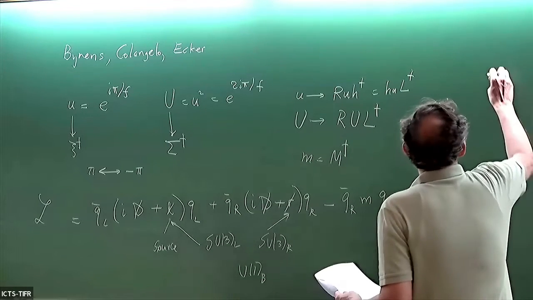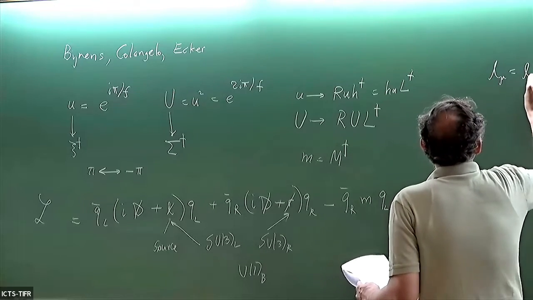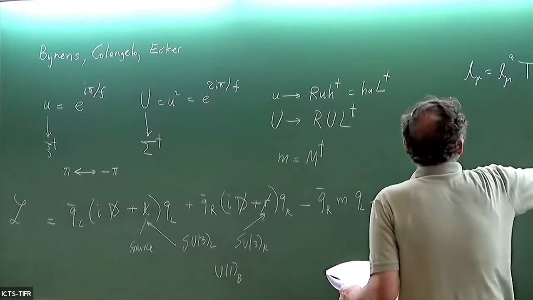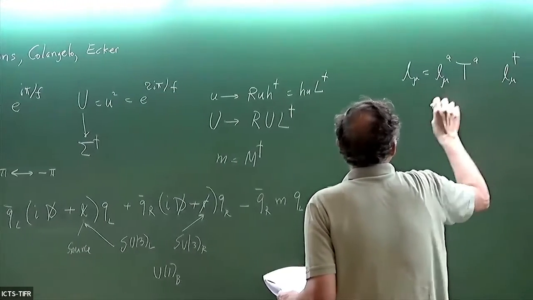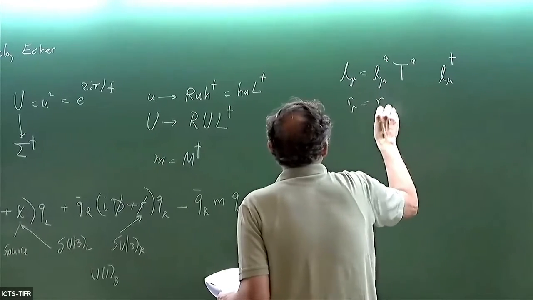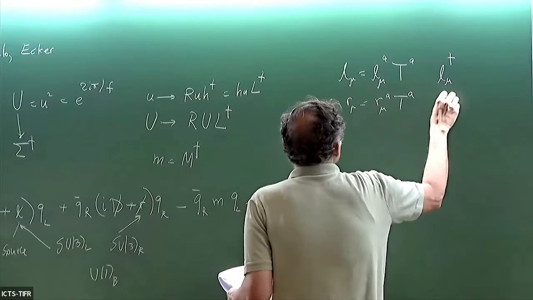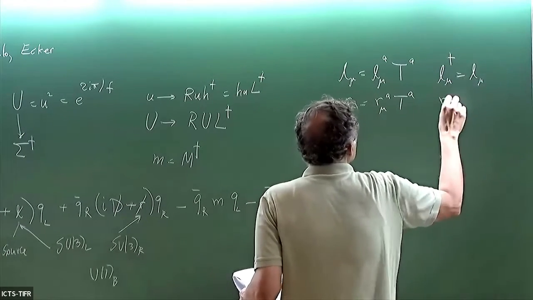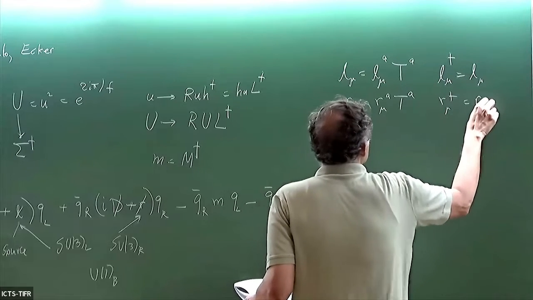And L mu would be L mu A T A, and it's Hermitian. These are the SU(3) generators. Similarly, R mu is R mu A T A. Sorry, L mu dagger is L mu, R mu dagger is R mu.